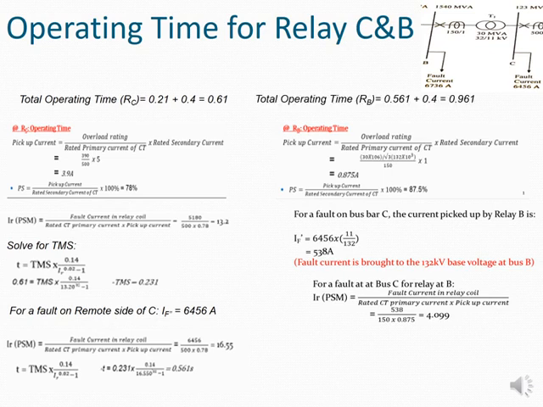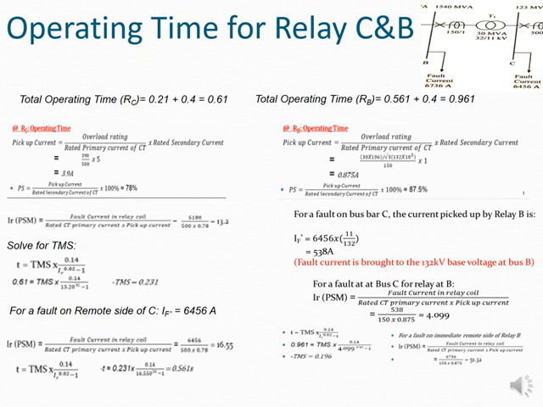Then I take my total operating time, which is the time that I just got previously, the 0.561, and I add the 0.4. I can then calculate what my TMS is going to be in this scenario. Once I have my TMS, it means I can look at my remote side of relay B. I look at my remote side.